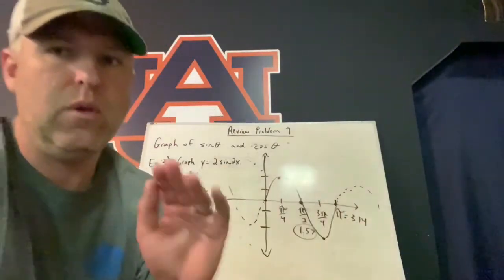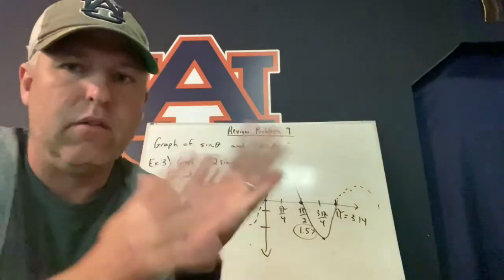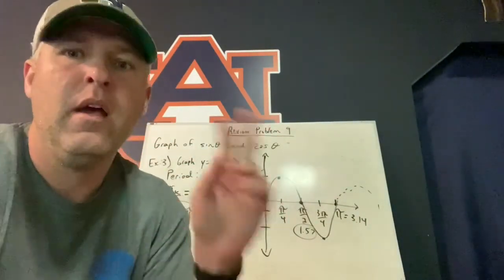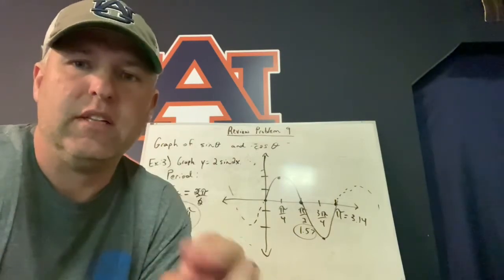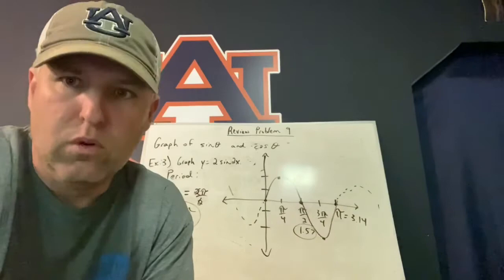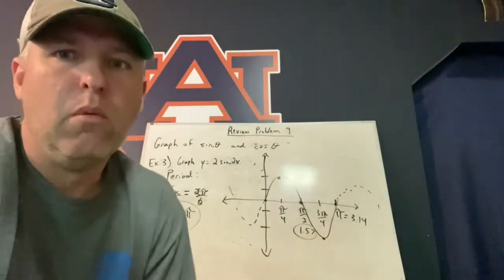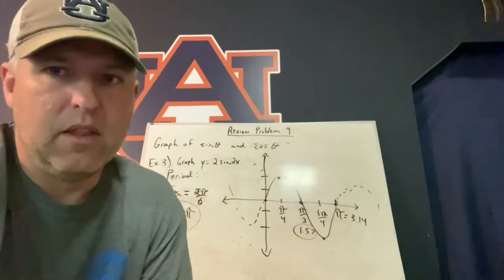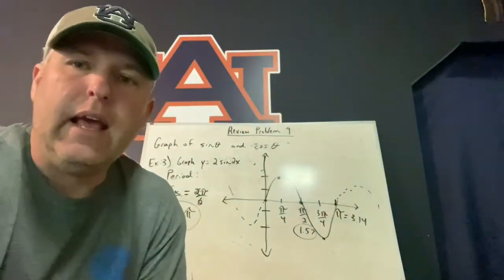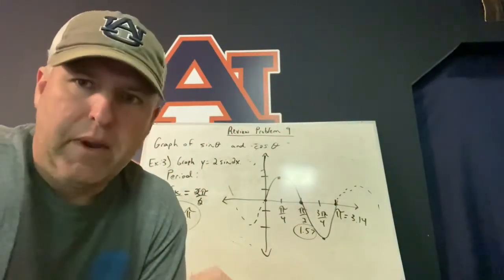If you know these three things, you're going to give yourself an outstanding chance to be successful on this problem on the test. Sine starts at the origin, cosine starts at the max, okay? If it's sine, it's going to start at the origin. Bam, got it. What's the amplitude? Number to the left, okay? If it's 2, it goes up to 2, down to -2, got it. And then know what the period is.